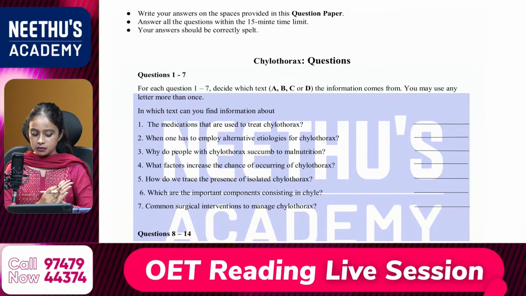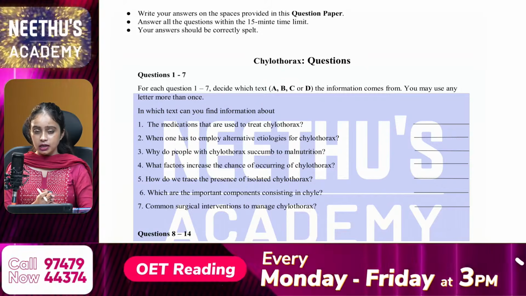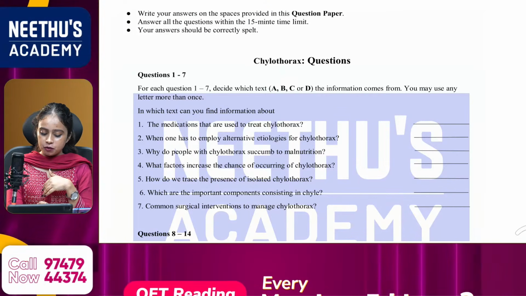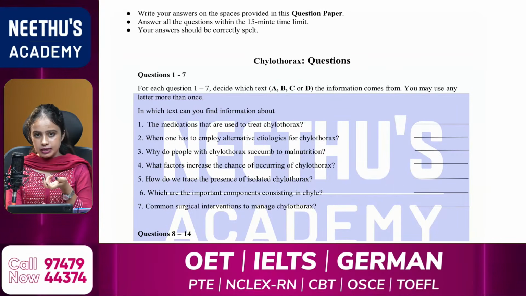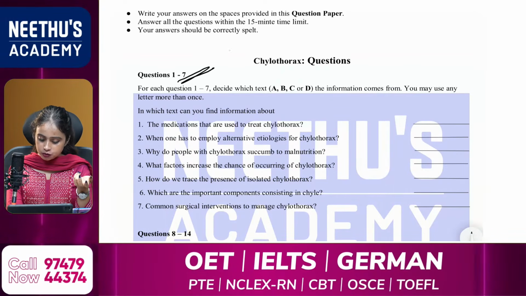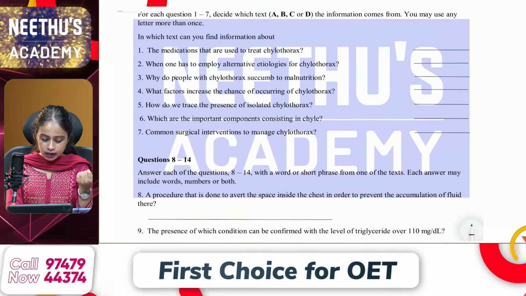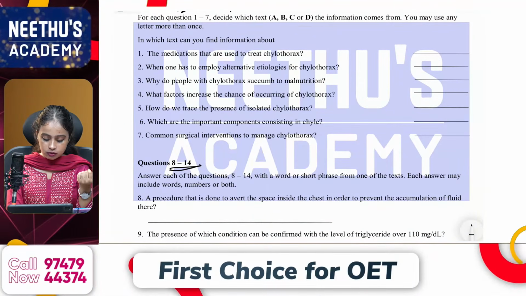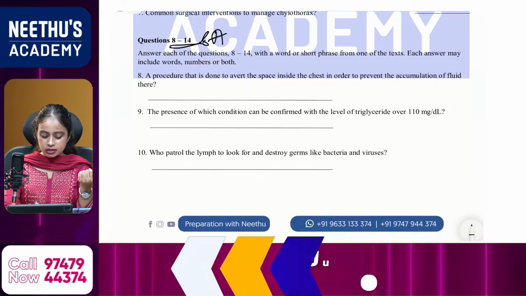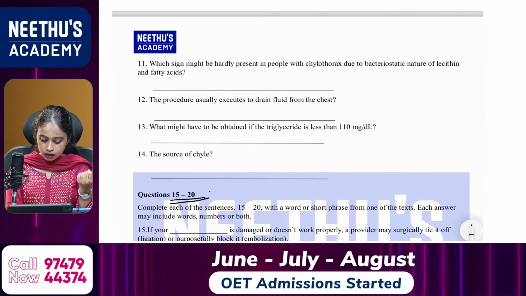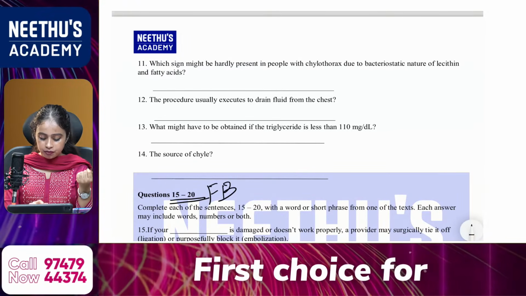What about the strategy, the method we are using? It is called the elimination strategy, or elimination method. That's for part B and C. For part A, it's all about skimming and scanning. Questions 1 to 7 are match the following, 8 to 14 are short answer questions, and the rest, 15 to 20, are fill in the blanks.